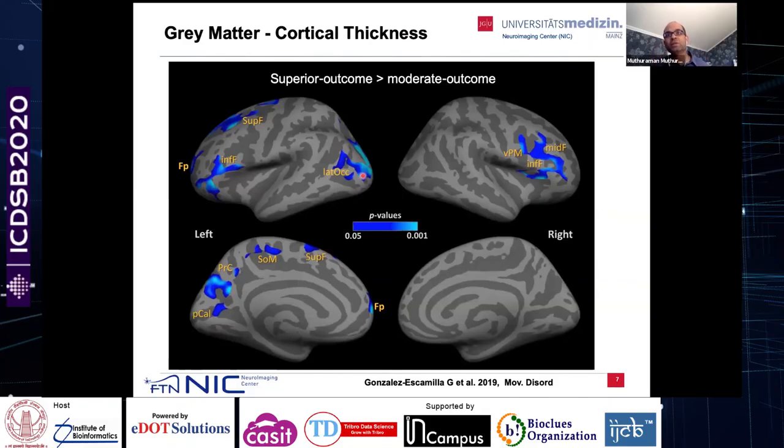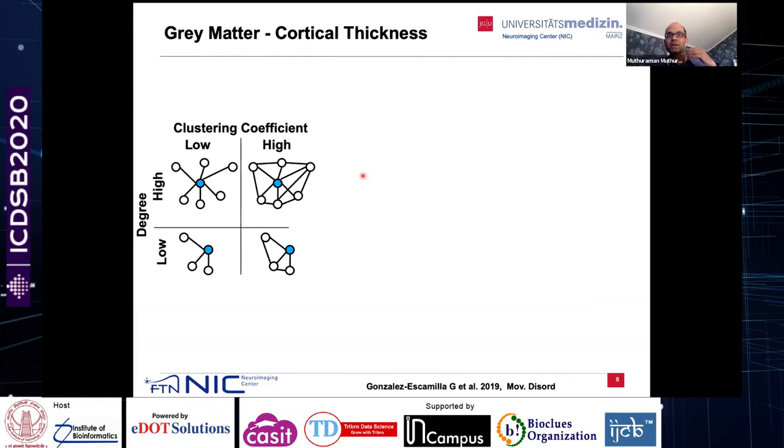And we use this to develop some network parameters. We call them clustering coefficient in this case. It's very similar to the clustering algorithm that most of you know. So this is a region in the brain, and if it has connections to all the neighbors, then you have a low value. And if you have additional connections here, the clustering coefficient is high.